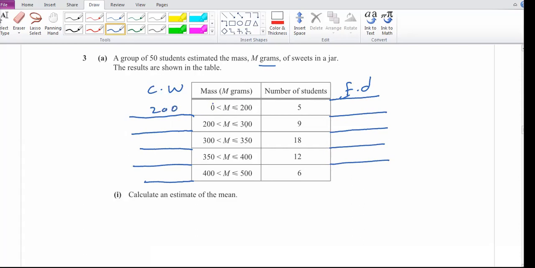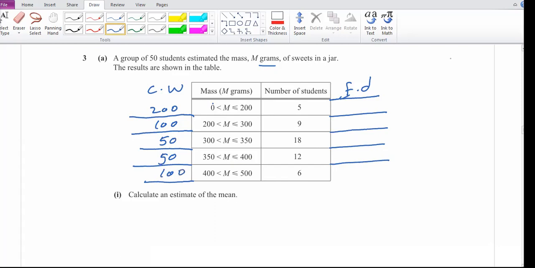What is the class width for this one? 300 minus 200, that is 100. What is the class width for this one? 350 minus 300, that is 50. What is the class width for this one? 400 minus 350, that is 50. What is the class width for this one? 500 minus 400, that is 100. So we write the class width for each.